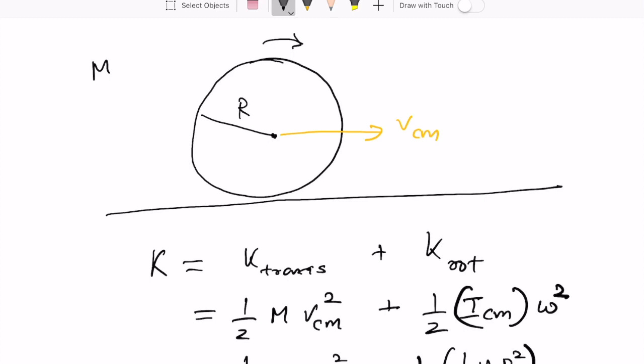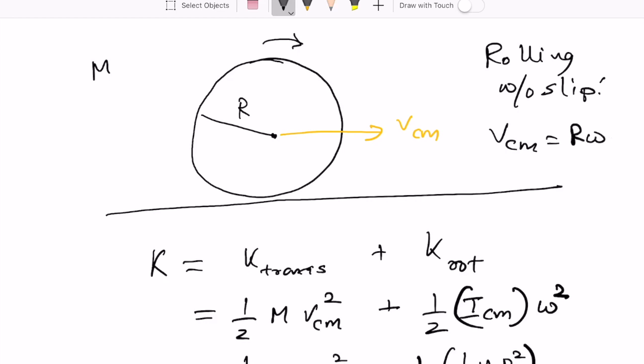In that case, the answer would just be 1/2 I omega squared. There's no connection between vcm and omega. But if the disk is rolling without slipping, there's an extra relationship that we can use. What is that relationship? vcm equals R omega.